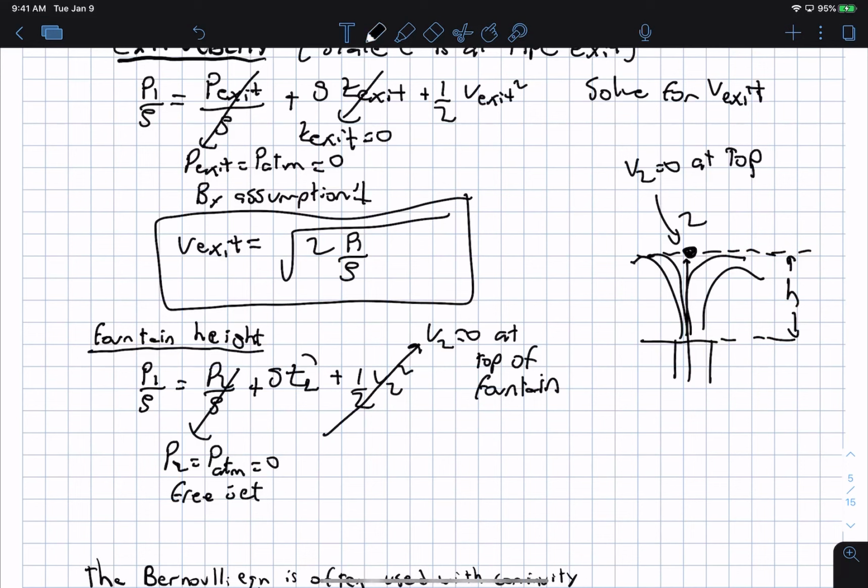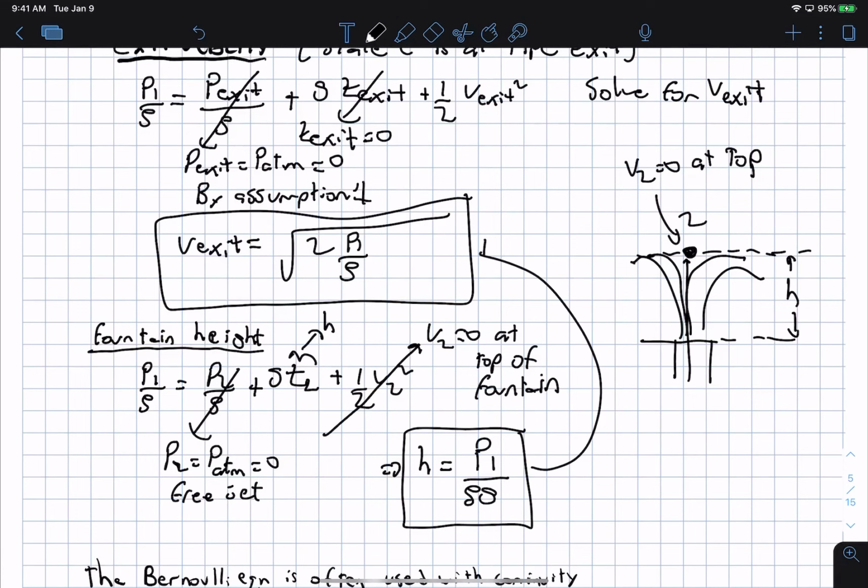So now we have an equation that we can solve for h. This implies that h, the height we are after, equals the tank pressure over rho g. Note that for both of these equations, P1 is the gauge pressure.